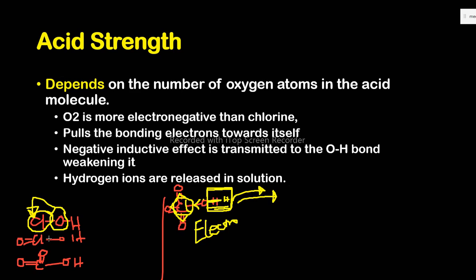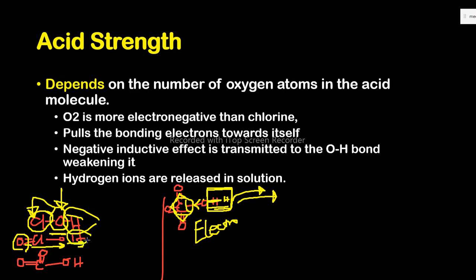But for this one with very few oxygens, why should it release this hydrogen ion? It is released because the oxygen is highly electronegative, so it will attract the bonding electrons from the oxygen-hydrogen bond. But if you add another oxygen, this one attracts, and then this one will distribute the same effect on this bond, hence on the oxygen-hydrogen bond.